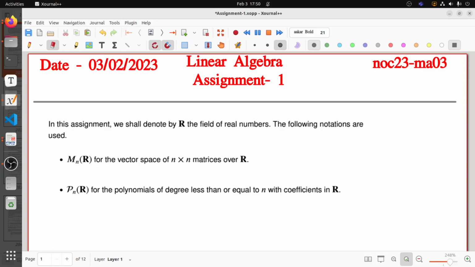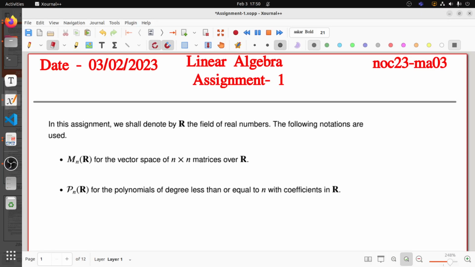Now we have to define the scalar multiplication. For any a in R, how do you define the scalar multiplication? a dot u, where u is from V, we define as u to the power a.